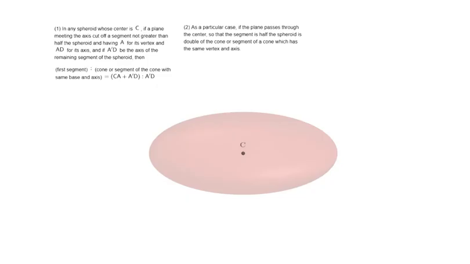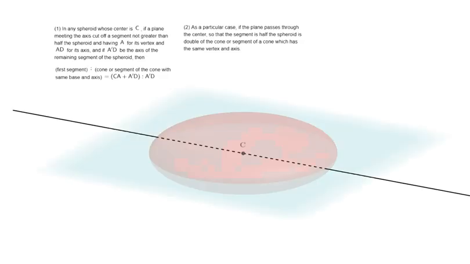So let's do some construction. So we have this axis. Let us say we have a plane which passes through the axis, and we are going to cut this spheroid at D so that we get this circle of intersection.